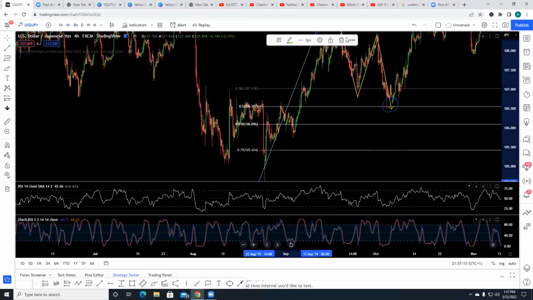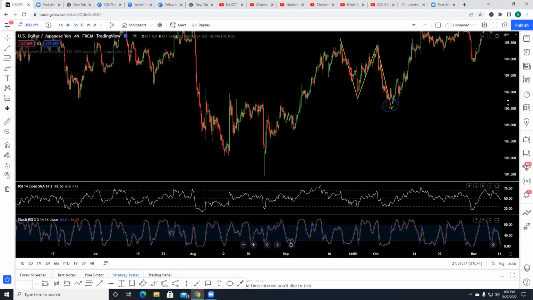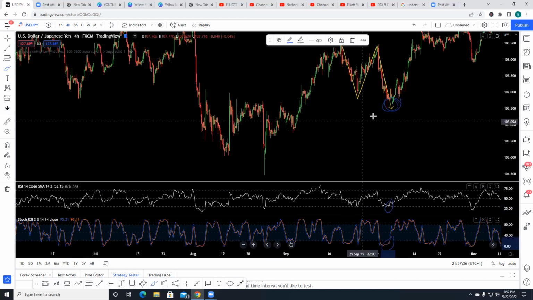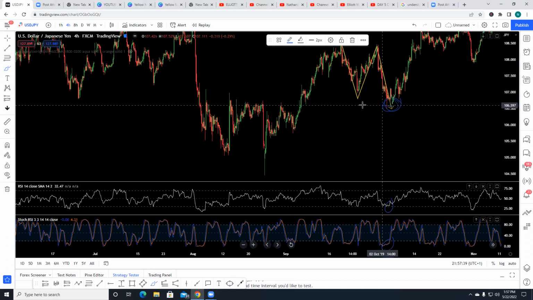The next thing you want to look at is, since this is a zigzag, I told you the rule for the formation of a zigzag is that both RSI and stochastic RSI must reset themselves to the low. And what do you see here? RSI reset to the low, stochastic RSI reset to the low. This confirms.